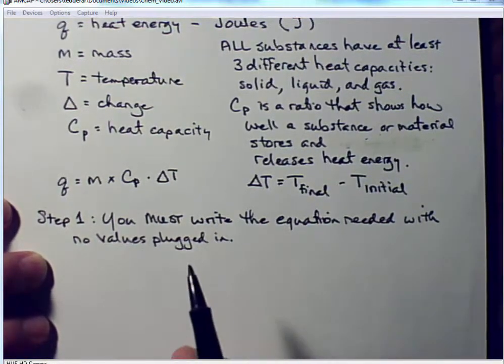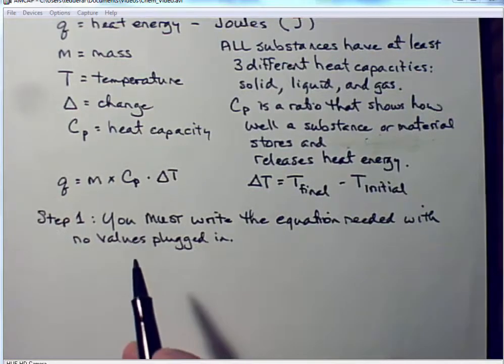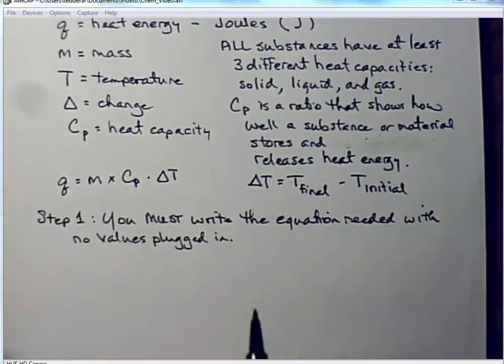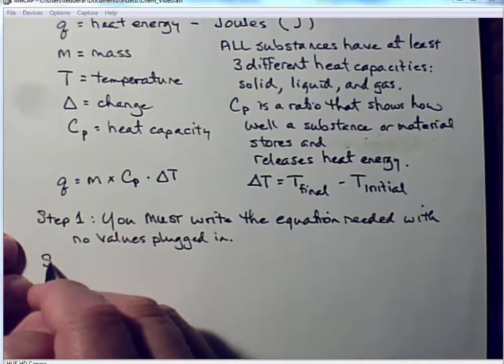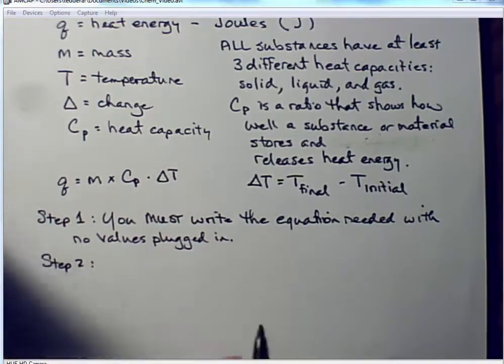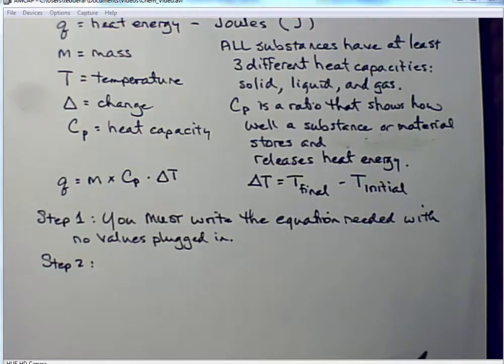So if we're solving a problem that has to do with change in heat for a substance, then we're going to write this equation and that equation. That's the one we're going to need here. Okay? Now, anytime you write those down, you have to have the units of measurement in there.